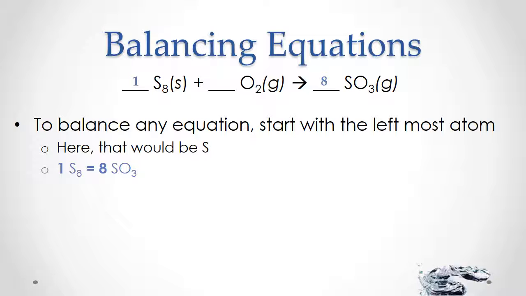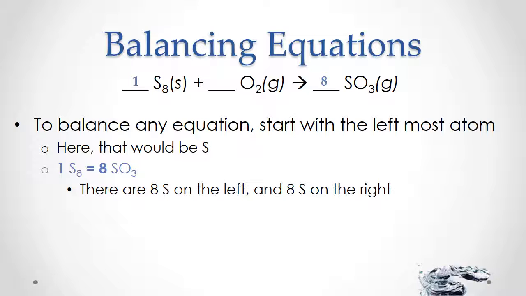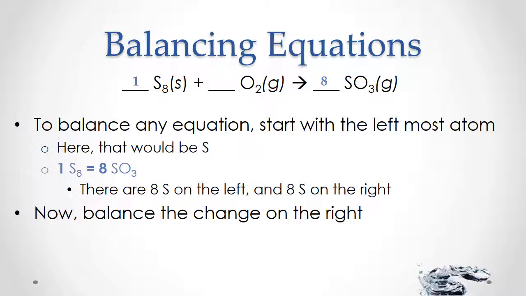Since we now have 8 sulfurs on the left and we've balanced that with the sulfurs on the right, we need to look at what else is attached to the sulfur on the right. That's going to be 3 oxygens. Well, that's only if there's one. Now we have 8, so we have 8 times 3, which is going to be 24 oxygens on the right.